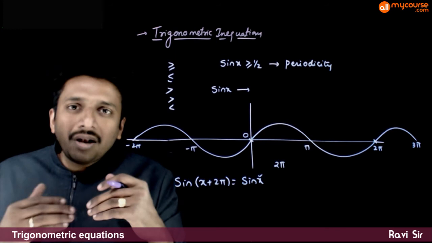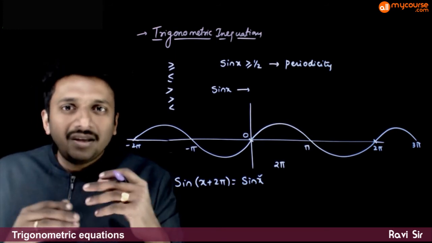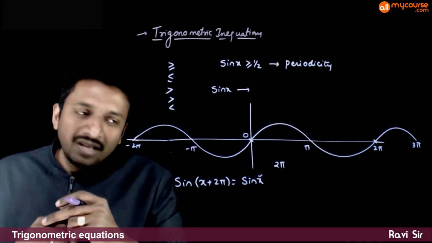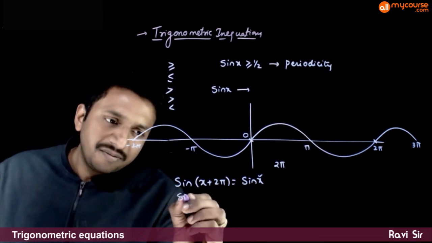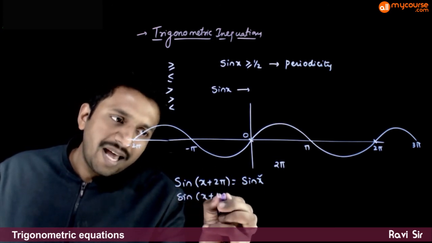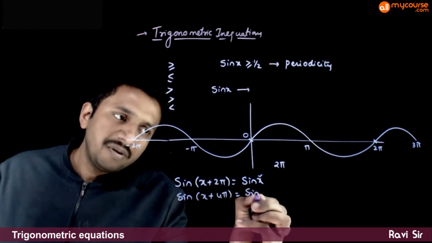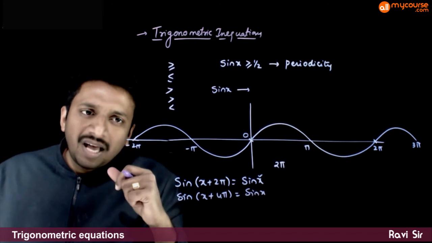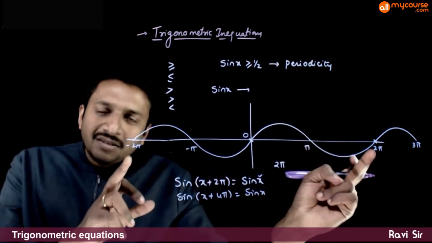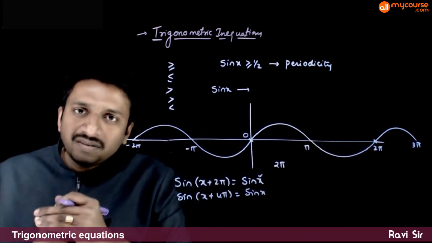In this way, all trigonometric functions repeat after certain intervals. Interestingly, if 2 pi is a period of sin x, I can also say 4 pi is a period of sin x, because if I take this as a basic cycle, this cycle repeats itself.